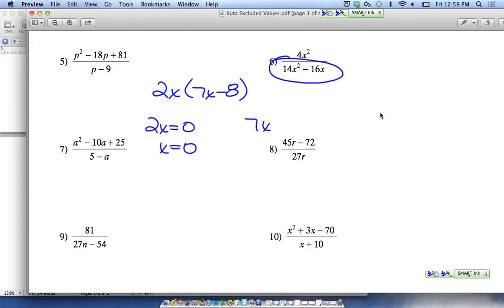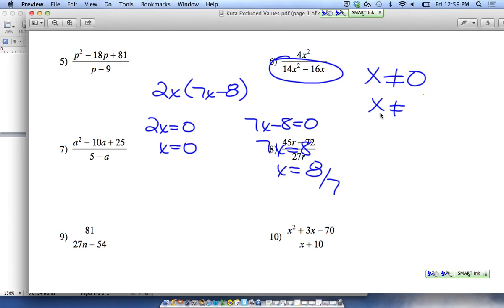And if 7x minus 8 equals 0, that means 7x equals 8. X is 8 over 7. So these would be the 2 values not allowed. X is not allowed to equal 0. X is not allowed to equal 8 over 7. And I will let you try the rest on your own.